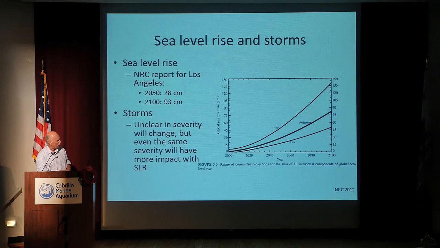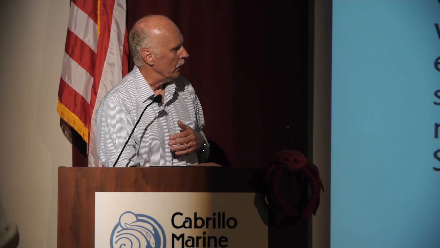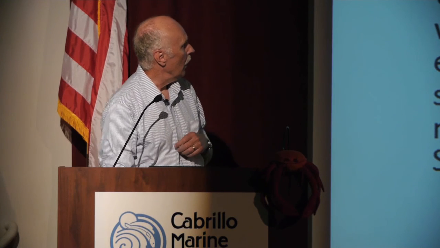And so you can see it doesn't change very much for the first couple of decades and then accelerates. And this is a high estimate and a low estimate. But in general, it looks like 85 centimeters, so about 3 feet of sea level rise by 2100. So that's what the estimate is.